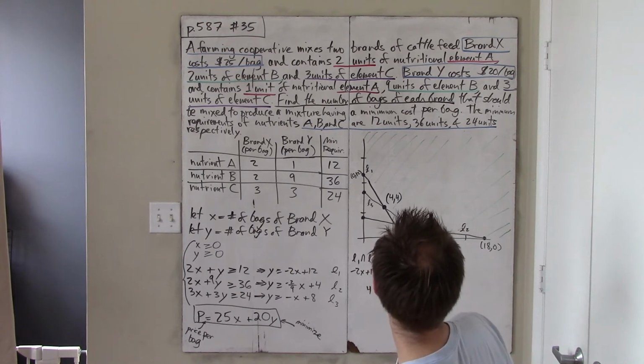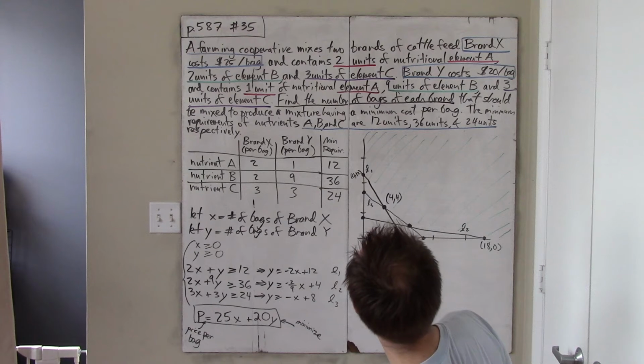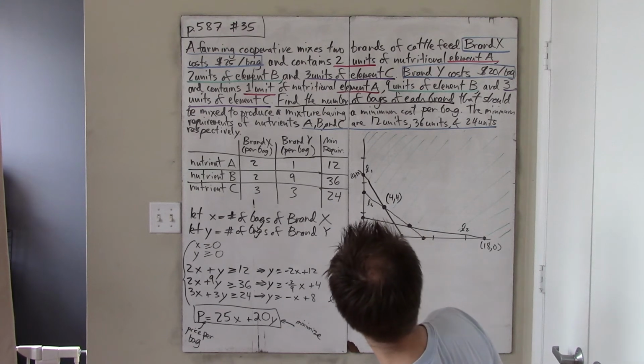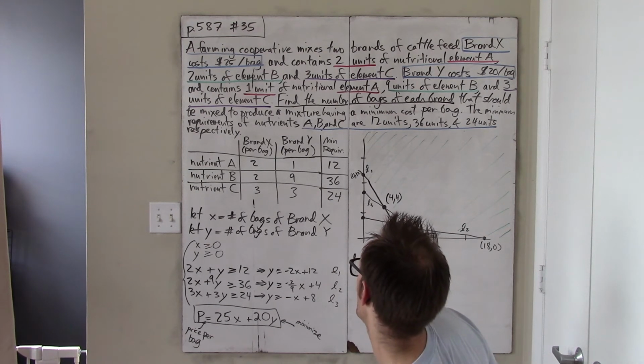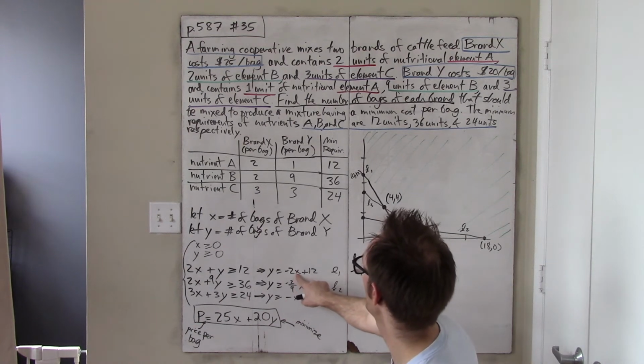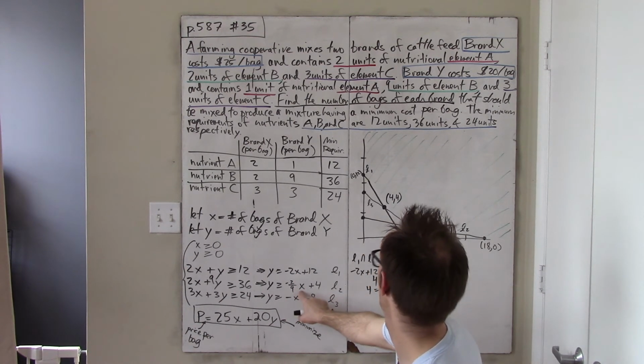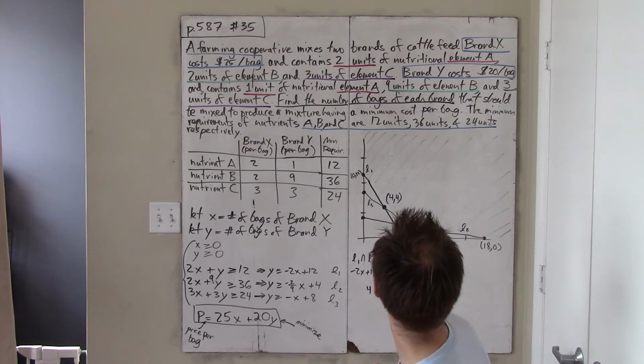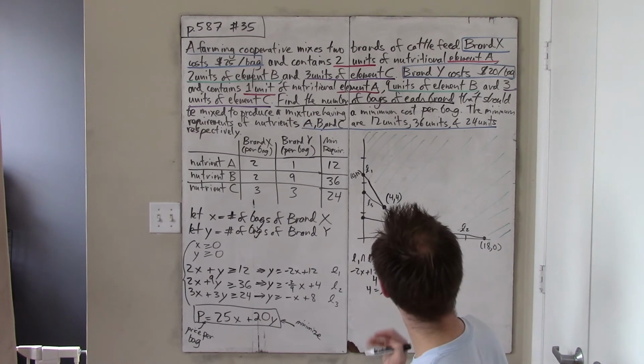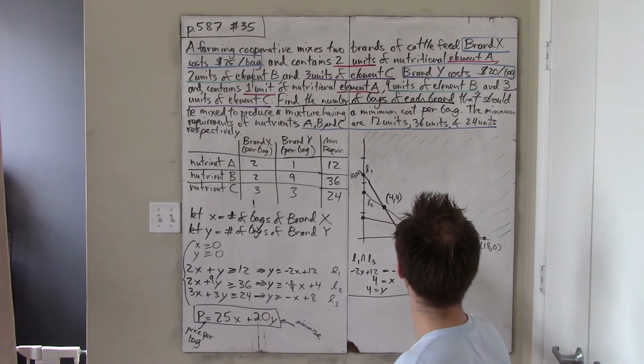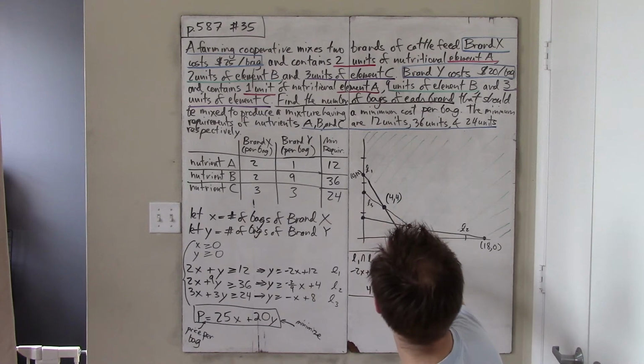Sorry, one second, I'm just kind of doubting myself. How could my graph be so wrong? Let's see. If I plug 4 in here, I do get 4, and when I plug 4 in here, I do get 4. So okay, I guess that's 4, 4. It just looks really bad. It just looks like 3, 6 or something.